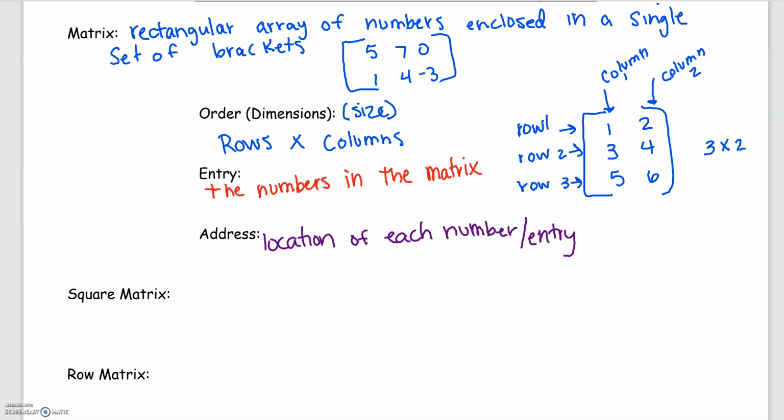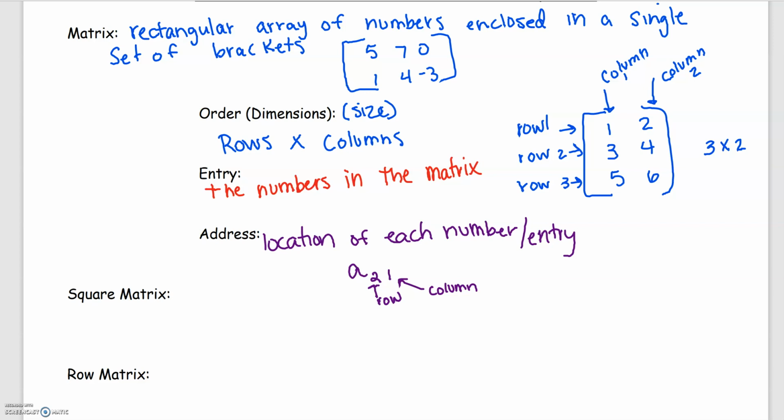So, for example, A 2,1, this is the row, and this is the column that you would find that entry in.